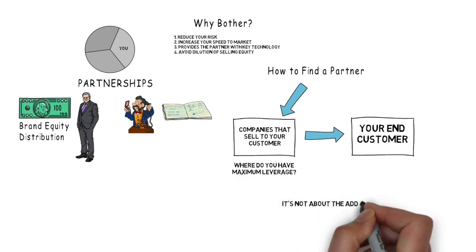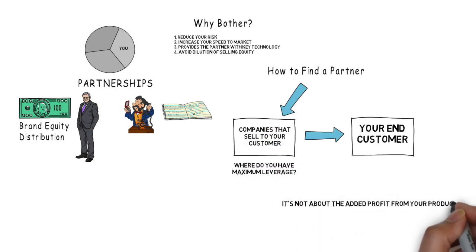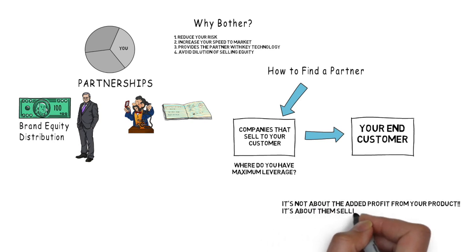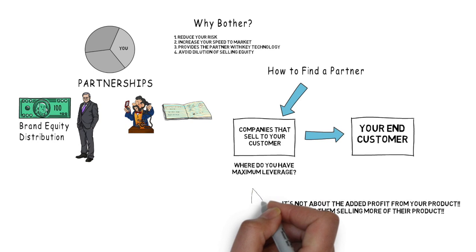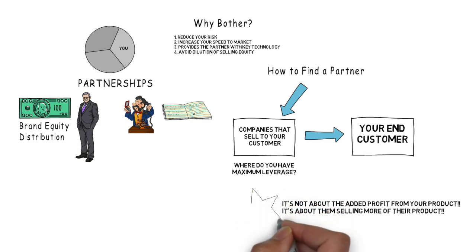But here's the trick. It's not about the added profit from selling your product that will entice a partner to engage with you. It's only about whether having control of your product will enable the partner to sell more of their own product. Your potential partner is full of employees who want nothing more than to increase the sales of their current products.